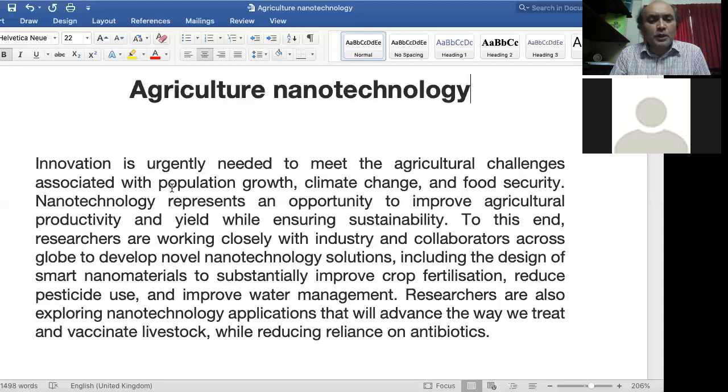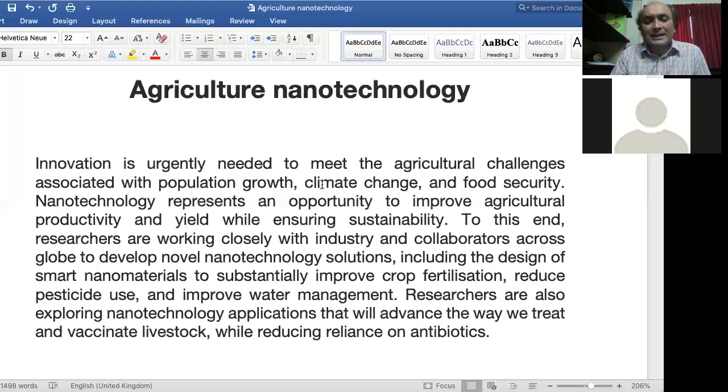If population increases dramatically, then you have to produce more food to ensure food security. It is estimated that the world population will increase to 9.7 billion by the year 2050. So we need to increase our crop productivity 70 to 100% from now.